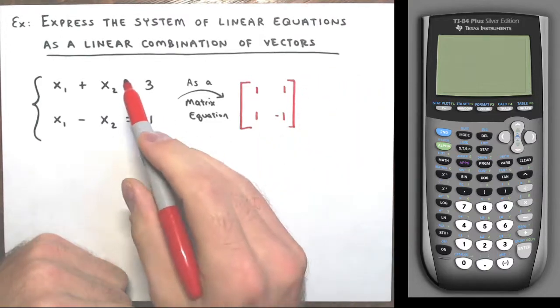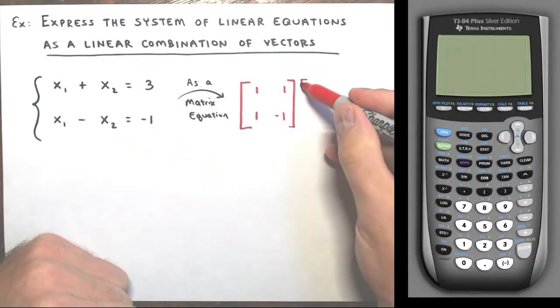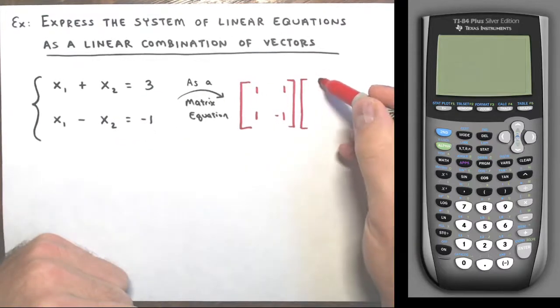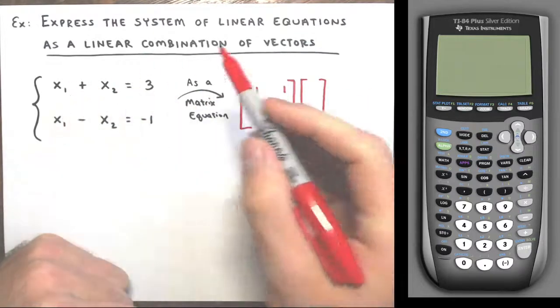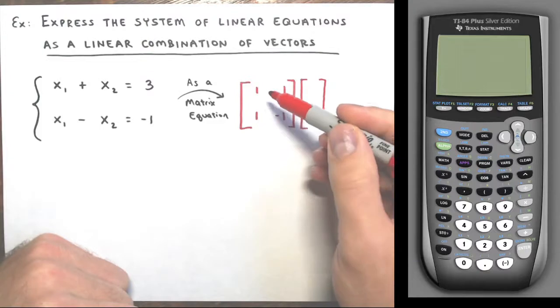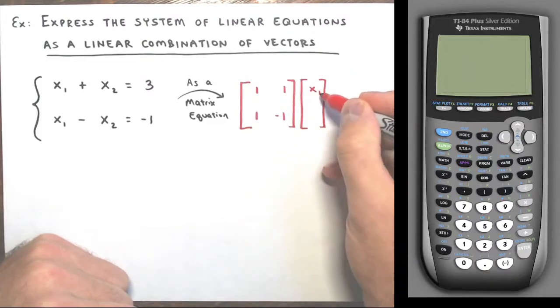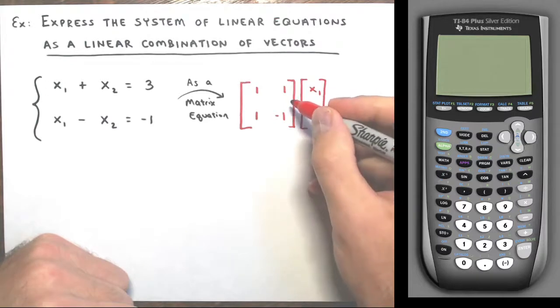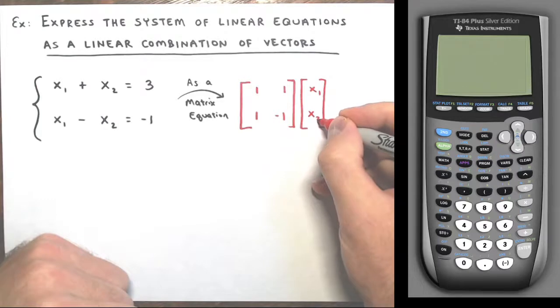If I would like the resulting product to be a 2 by 1, I need to multiply it by a 2 by 1 matrix with the variables in the order that I wrote the coefficients in. These are the coefficients of x1, so the first entry should be x1, and these are the coefficients of x2, so the second entry should be x2.